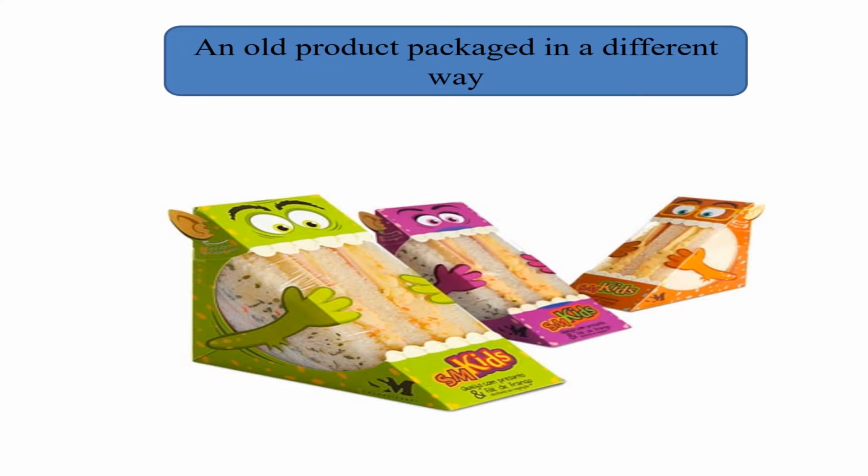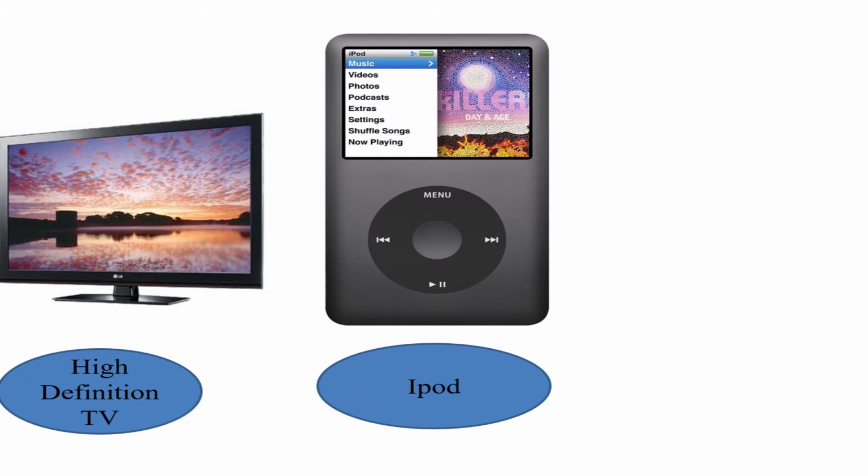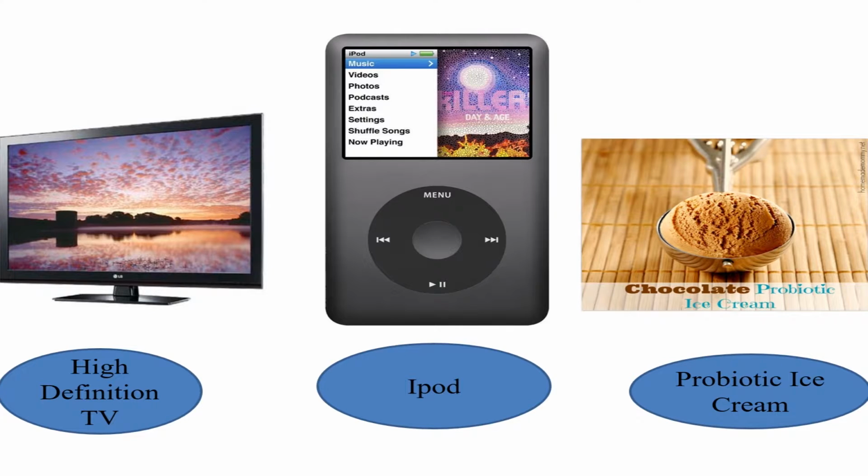Now let us take a look at some of the examples of new products. In case of new products to the world, high definition TV, iPod and flat screen TV.